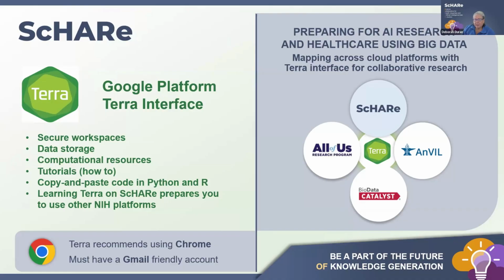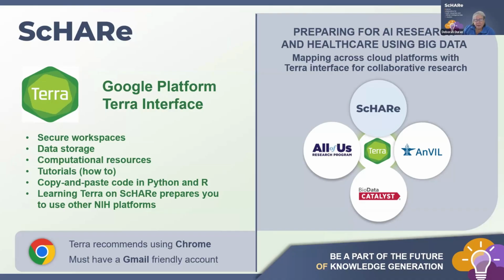And the reason we chose the Terra interface is because 3 of the other major cloud resources at NIH are AnVIL, that has genomics data, BioData Catalyst, that has lots of other omic data, and All of Us, which is genetic and population science.